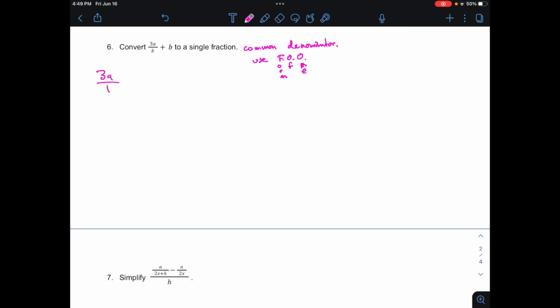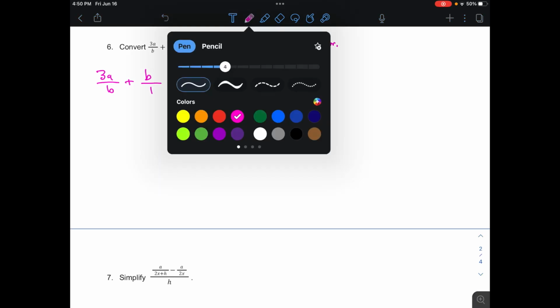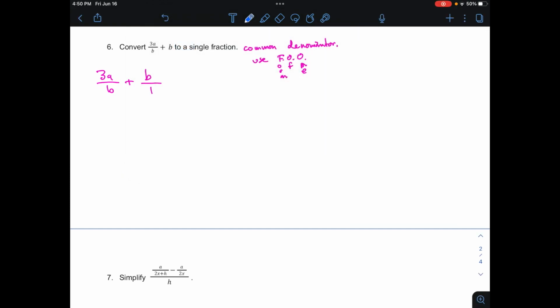So if I have 3a over b plus b over 1, right, any number over 1, and I want the common denominator, the natural one would be just b, so I'll multiply by b over b, and I will get 3a over b plus b^2 over b. Now I can combine with that common denominator, and I get b^2 + 3a all over b.